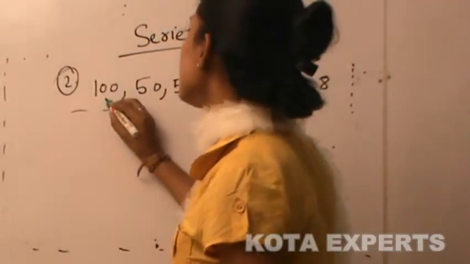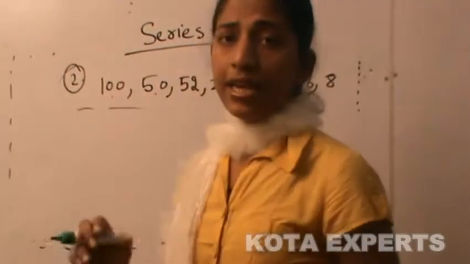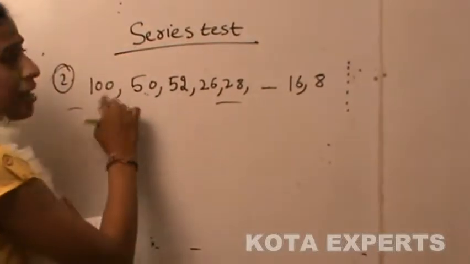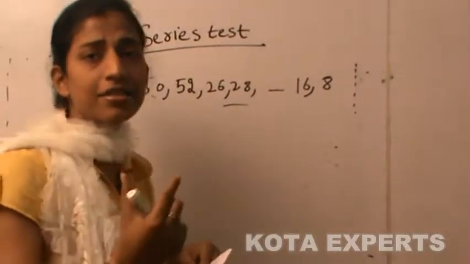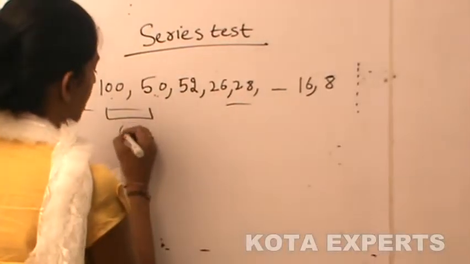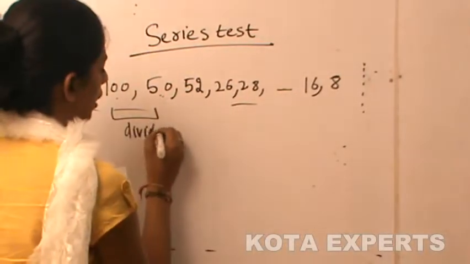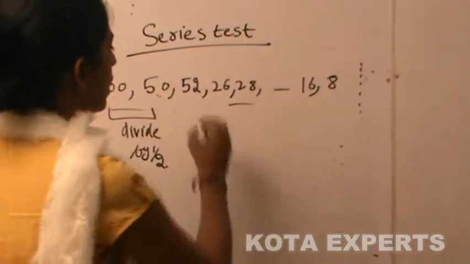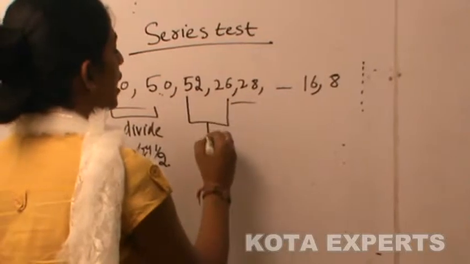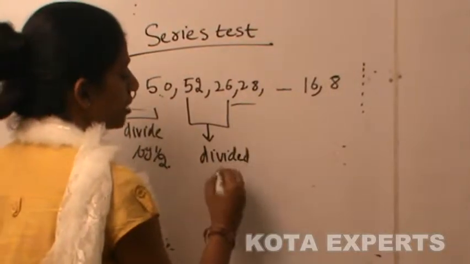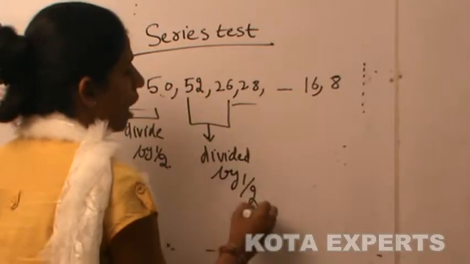See, 100 to 50, it means the number is halved. What is the change? The number is halved. And then see again, the number is again halved.